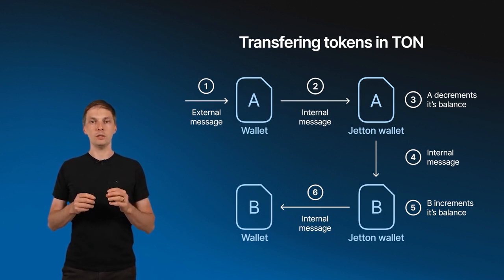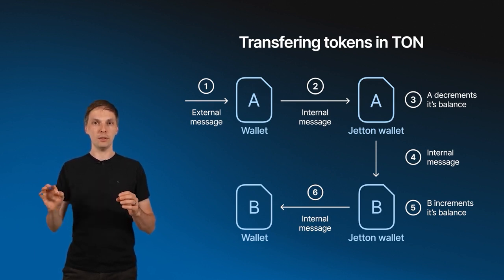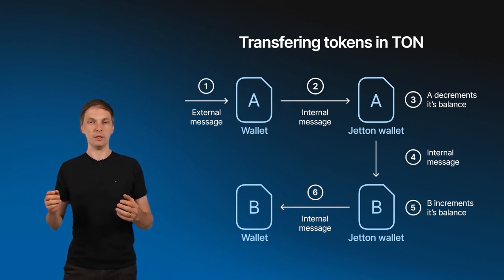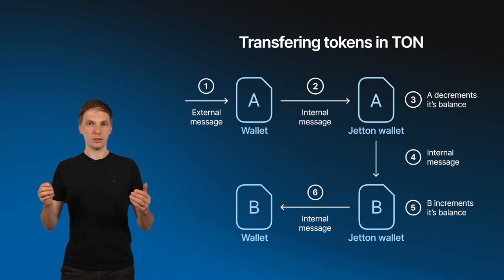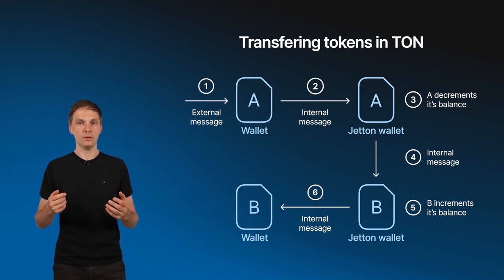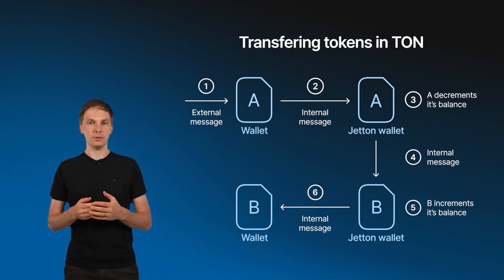Their Jettons wallet decrements their balance by the necessary amount and sends the message to its sibling contract that has exactly the same code but a different owner. And this message says, please increment your balance with the same amount. The Jettons wallet of the recipient user verifies that this message was authored by its sibling and sends the notification transaction to the wallet of its owner.